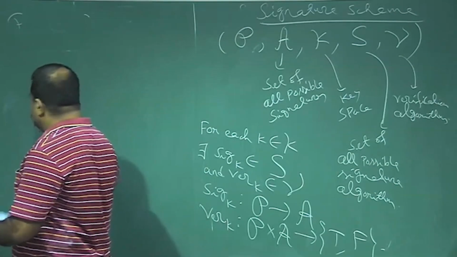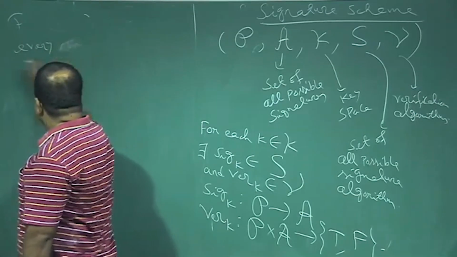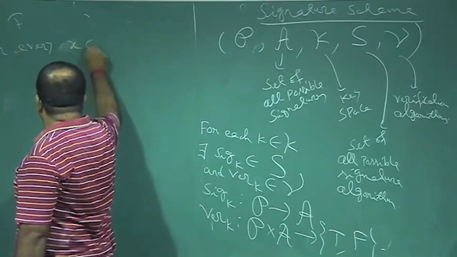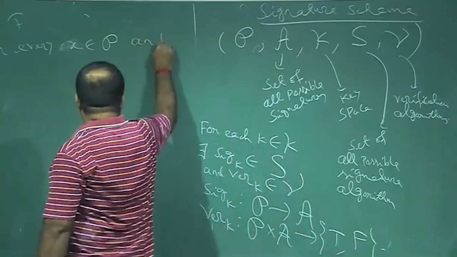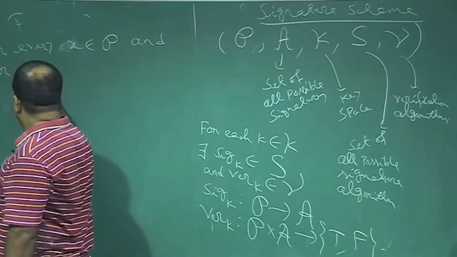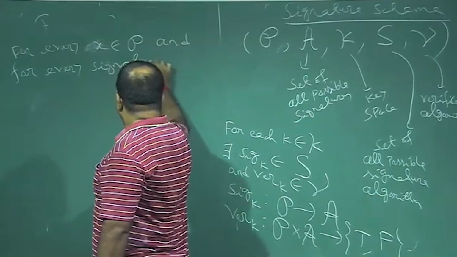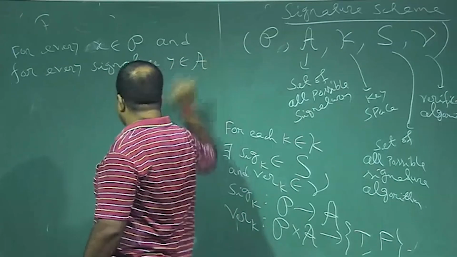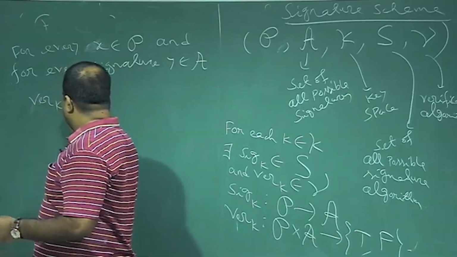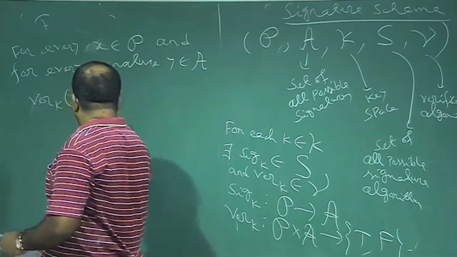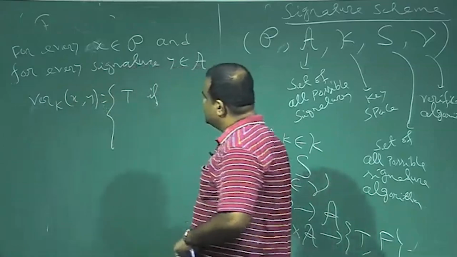For every x in the plain text space, and for every signature y, the following must be true: verification of x comma y is true if y is the signature of x.